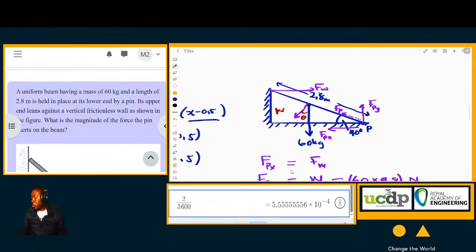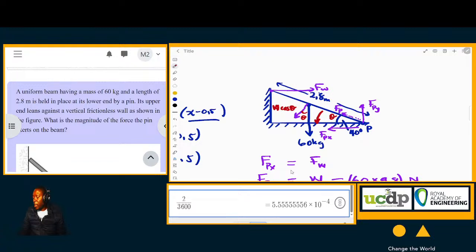The moment you make your beam lie horizontally on the ground, this component W cos theta will be perpendicular to the beam. So if you take your beam down this way, you'll find that this component will align with where the weight is.